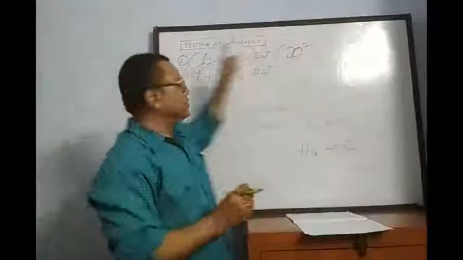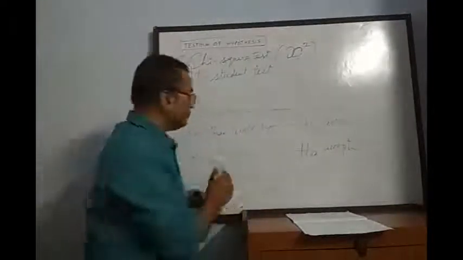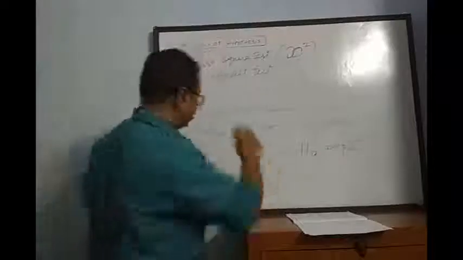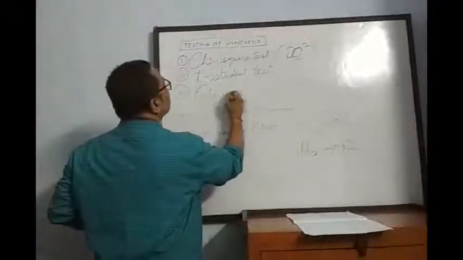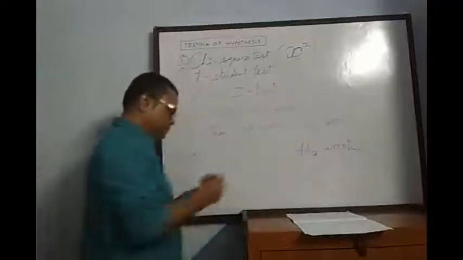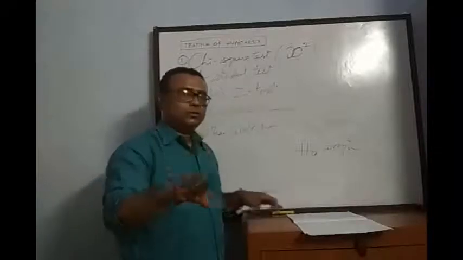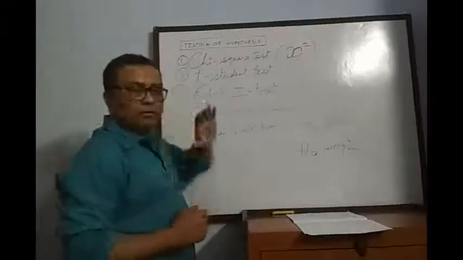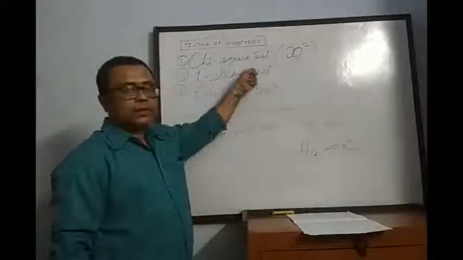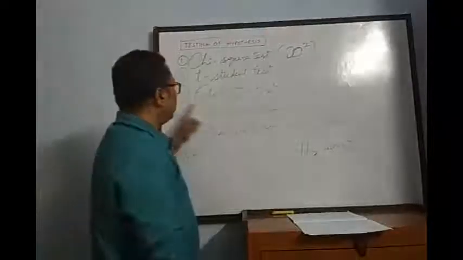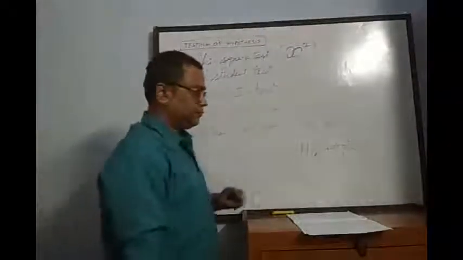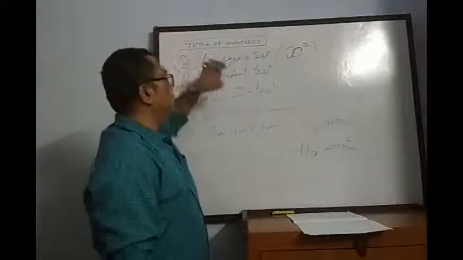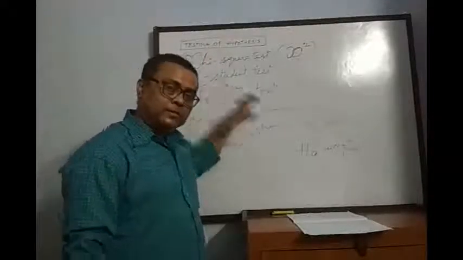And third, Fisher's Z test. So in short, the level of significance is tested through these three methods in general: chi-square test, T test, and Z test. In the next session, we will discuss separately the chi-square test, the T test, and the Z test. Thank you very much.